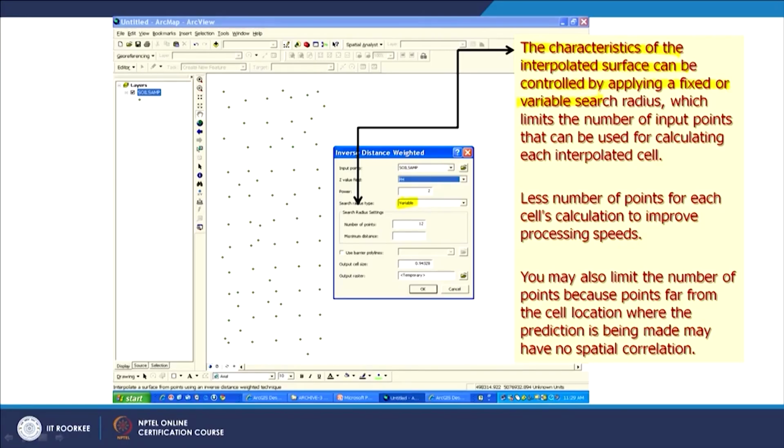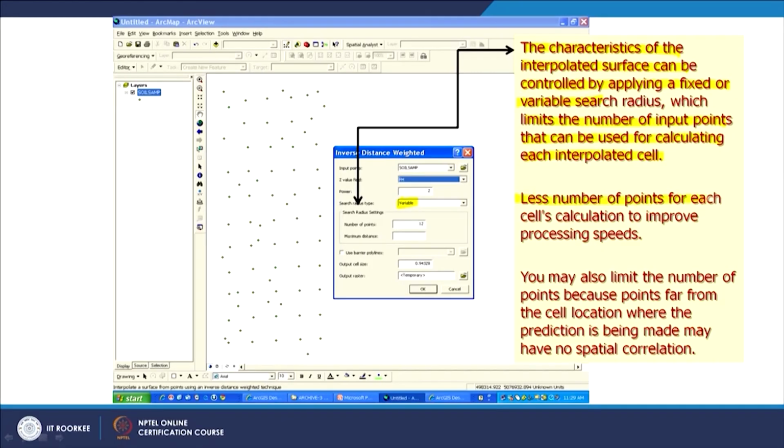So, we can choose 2 options which limit the number of input points that can be used for calculating each interpolated cell. Here in this example I kept variable, but if I fix it, then only that number of points in the neighborhood would be searched. Again, if I want a more smoothened surface, then I will go for variable, but if I want a more rigid surface and less smoothened surface, then I will go for a fixed radius.